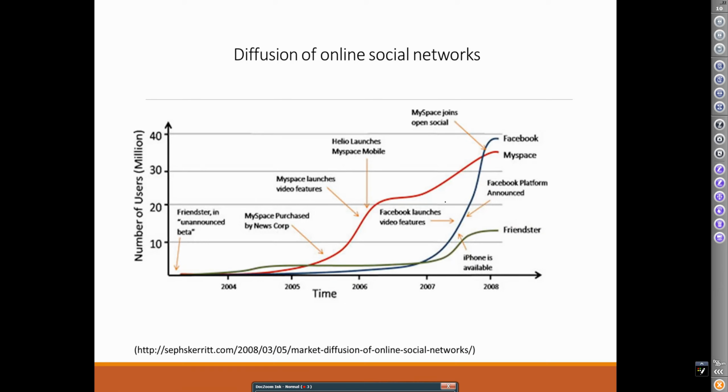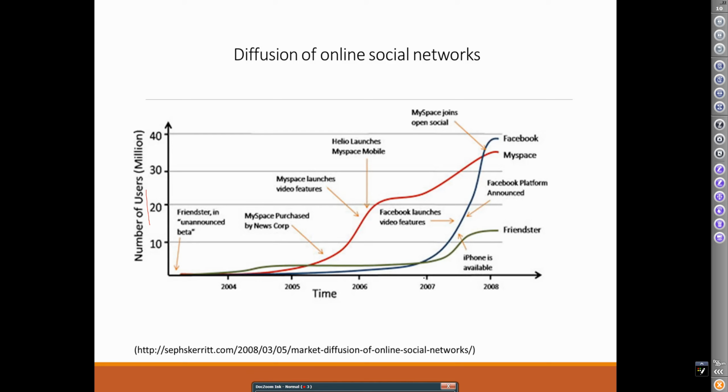So here are just some examples which I found about the diffusion. These are different S-curve examples of different products. On the left you have the number of users, and here we have the time period and the examples of the products. Facebook, the blue S-curve.